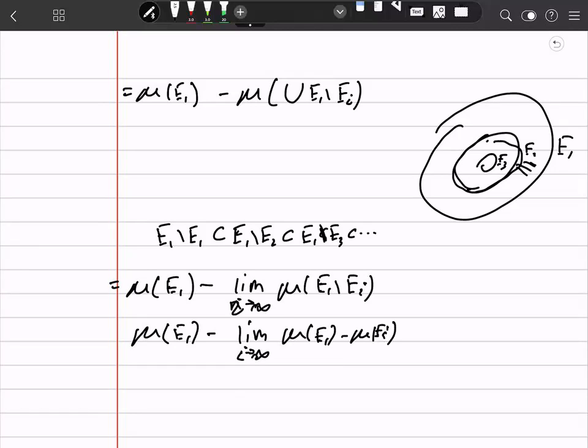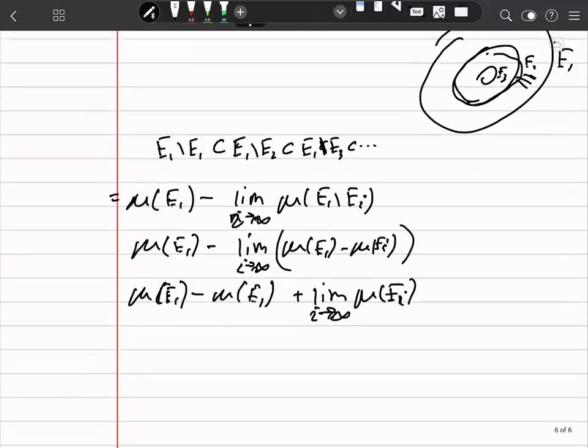We could pull mu of E1 outside of the limit. So we have mu of E1 minus mu of E1 plus the limit as I goes to infinity of mu of EI. But this is good because we know that mu of E1 is finite, so we can cancel these, and we're just left with the limit as I goes to infinity, mu of EI.